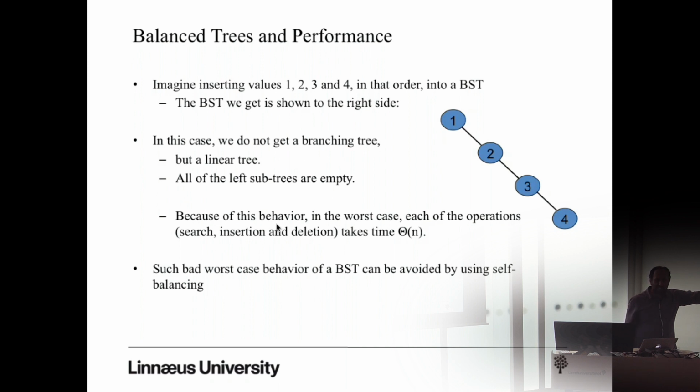If you see, this tree is just growing on one side. Because this tree is not balanced, it has all the elements on the right side, we call such trees unbalanced trees.